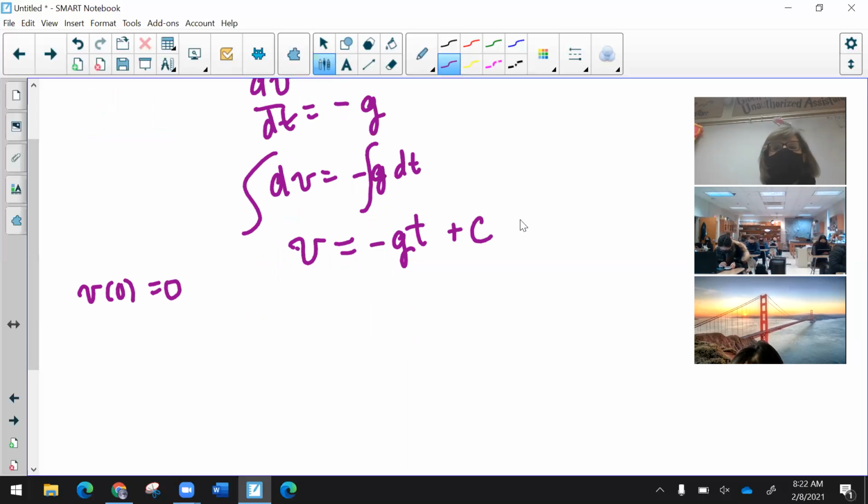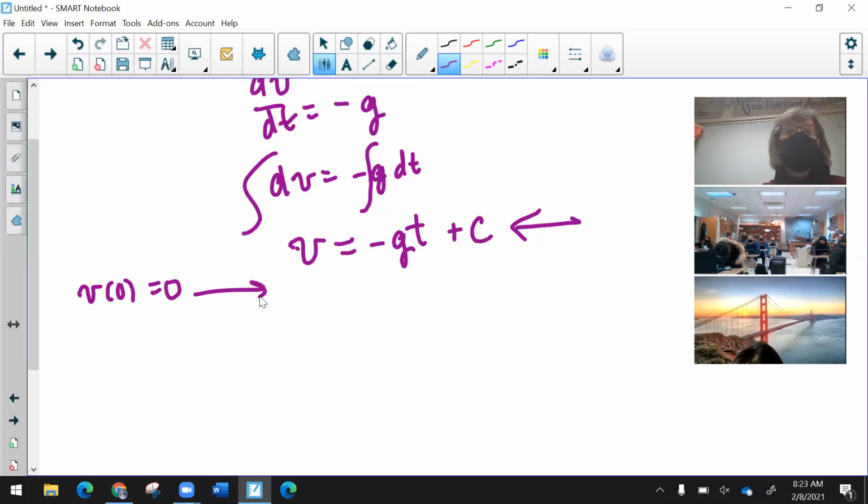Remember that what we have right here, v is equal to negative gt plus c, is what we call the general solution, and what I often refer to as the family of solutions. And then we might have a condition, a point, that will help us pick out the particular solution that we're looking for out of this family.